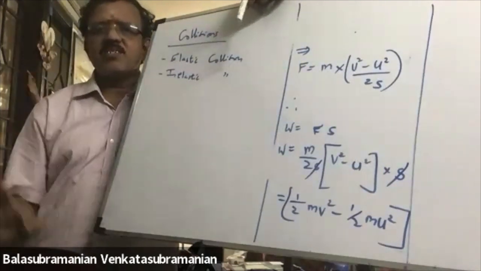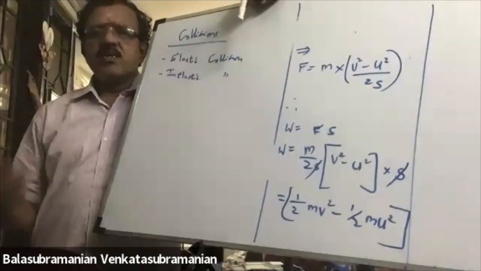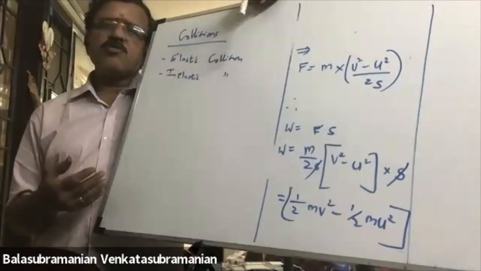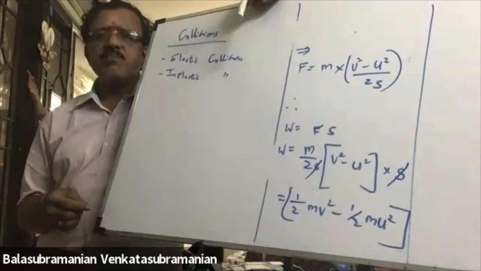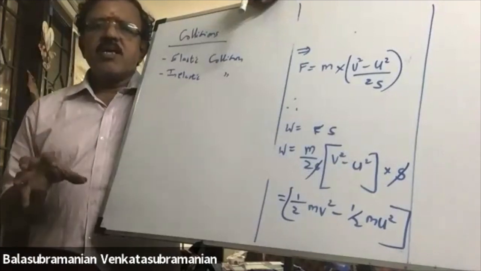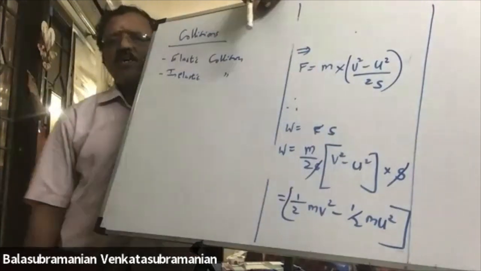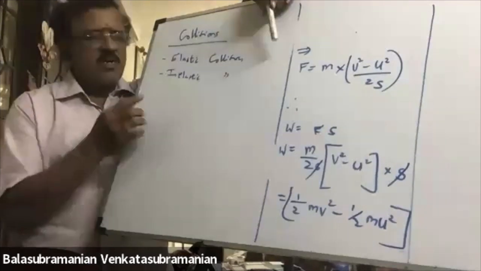That means energy is lost. Collision between two vehicles, a person and a vehicle: this is all macroscopic collision. Macroscopic means the mass of the body involved is extraordinarily high. So all that will come only under inelastic collision.